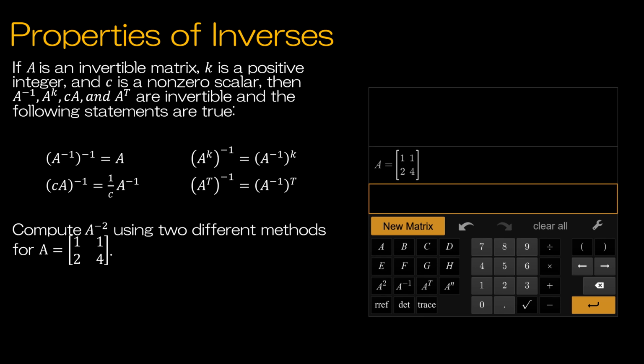C, which is a scalar, so if you have a scalar times a matrix and then take the inverse of that, it's the same as taking 1 divided by C times the inverse of the matrix. Now that one's the trickiest one, but if you think about multiplication and the inverse of, say, what's the multiplicative inverse of 5?